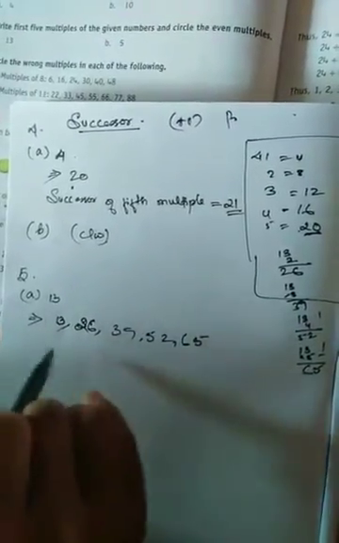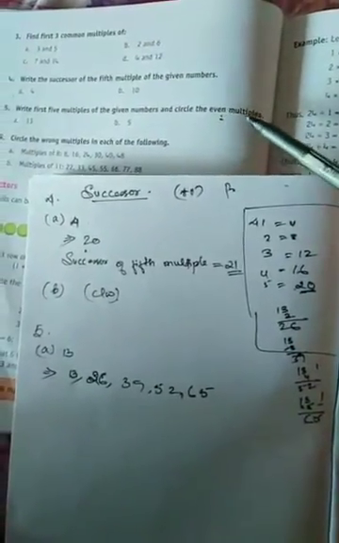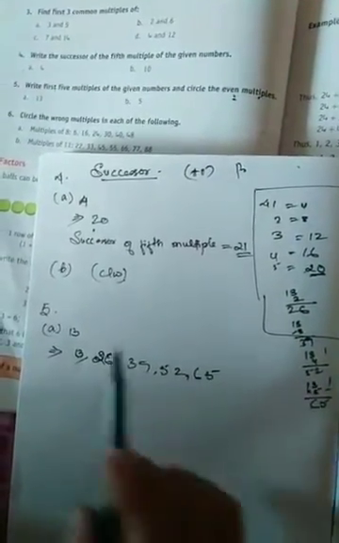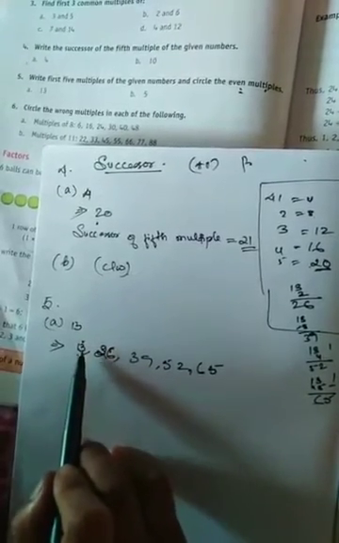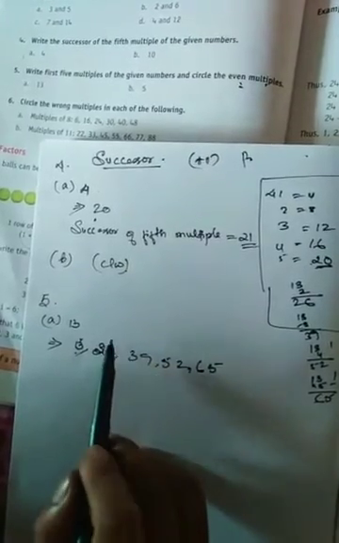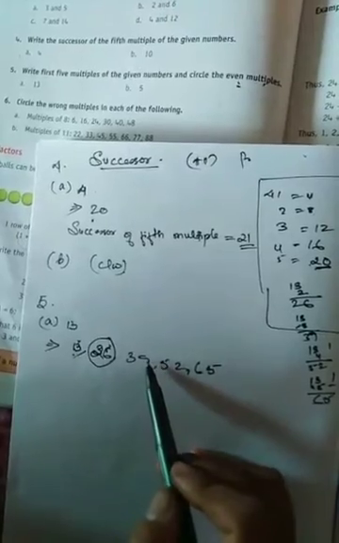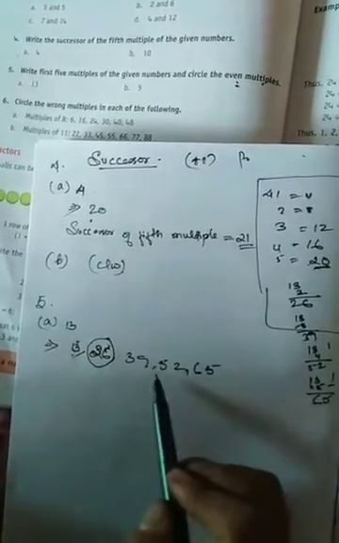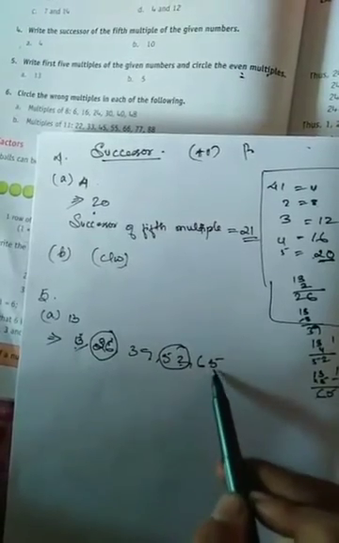Now let's look at these 5 numbers and find out which are the even multiples. 13 is not, because in the ones place 3 is an odd number. In 26, 6 is even, so we circle it. 39, 9 is odd, so this is not even. 52, 2 is even, so we circle it. And 65 is odd.